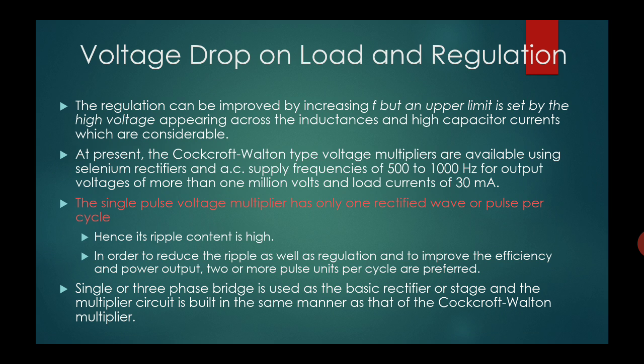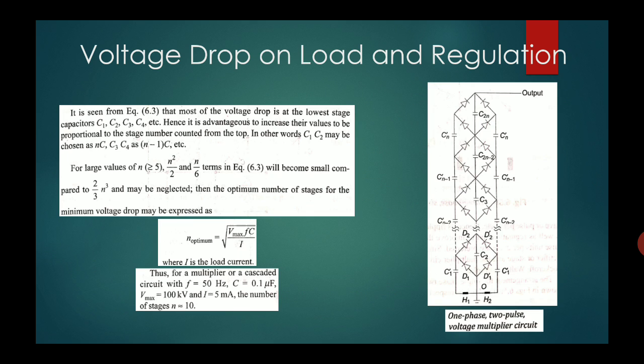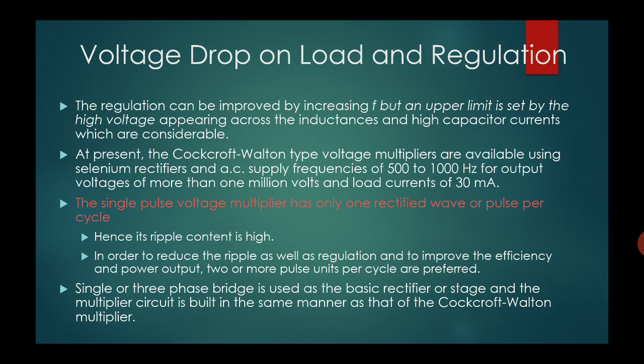Hence, since there is only one rectified wave, the ripple content is high. In order to reduce the ripple as well as the regulation and to improve the efficiency and power output, 2 or more pulse units per cycle are preferred.